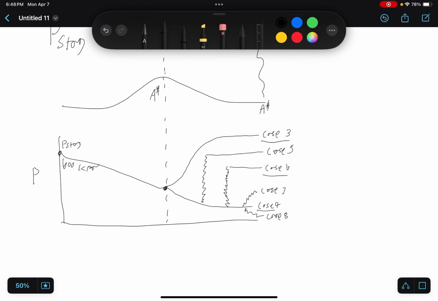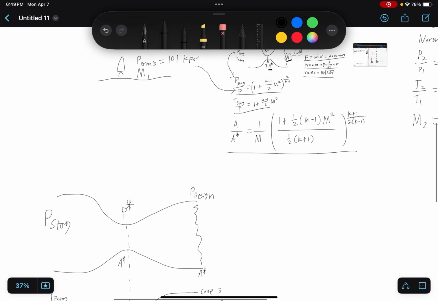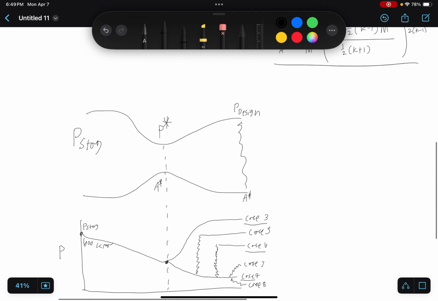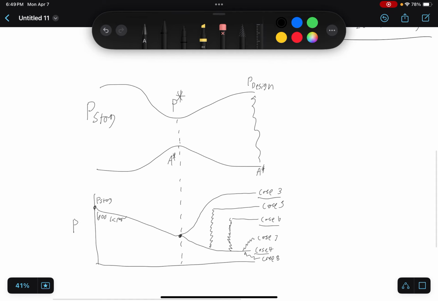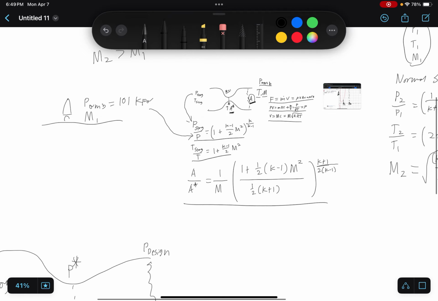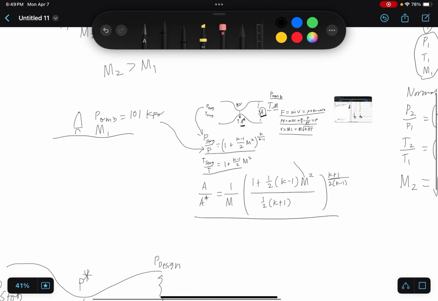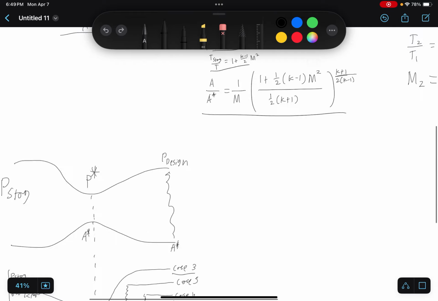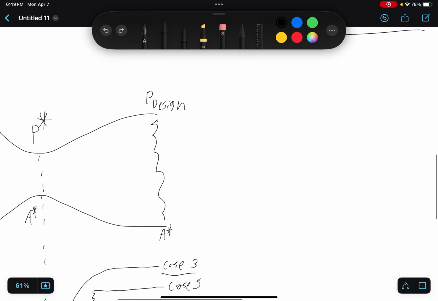But if you're just asked which case you are at, then all you need is pressure and ambient pressure. So you'd use the A over A star that they give you, and then you'd calculate the Mach number, and then with the Mach number, you'd calculate the pressure, and that is your case 4 pressure.